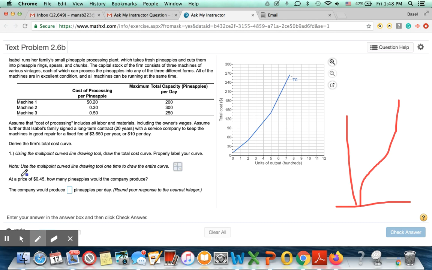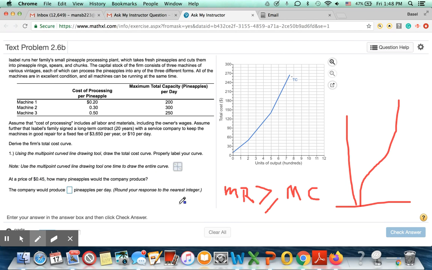Let's see. At the price of 45 cents, how many pineapples should you produce? Okay, your golden rule is this, right? You always look at the situation where marginal revenue is greater than or equal to marginal cost, right?